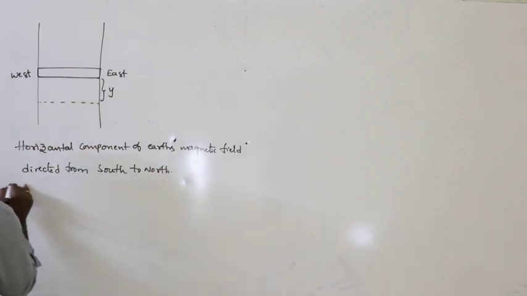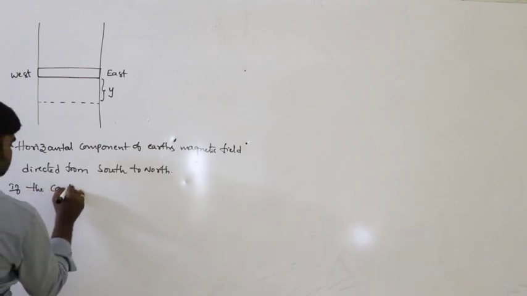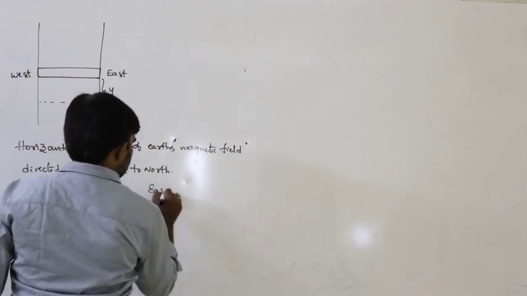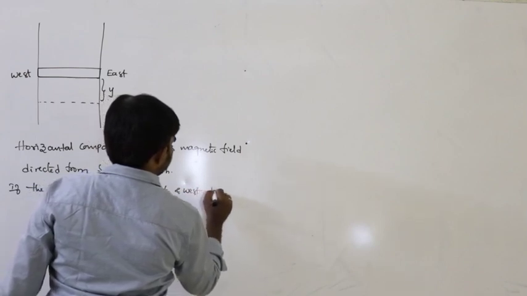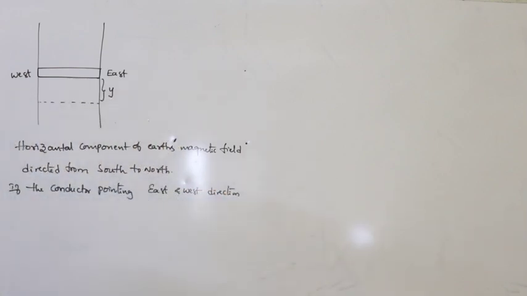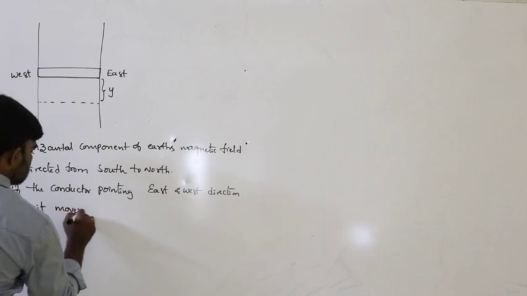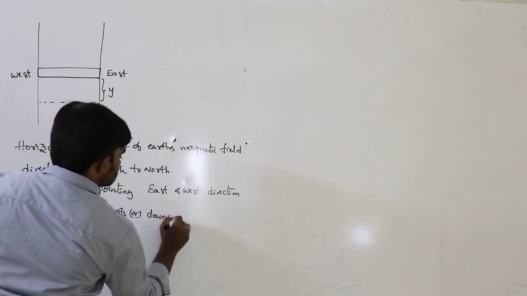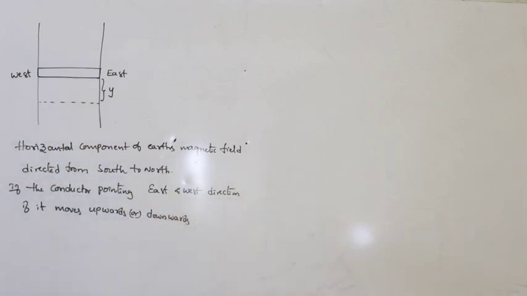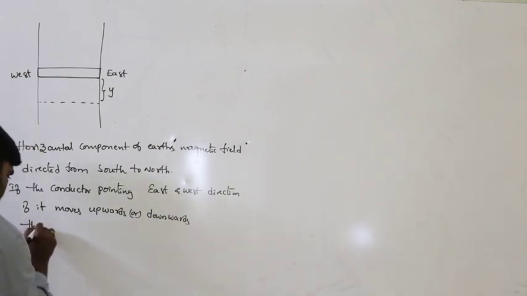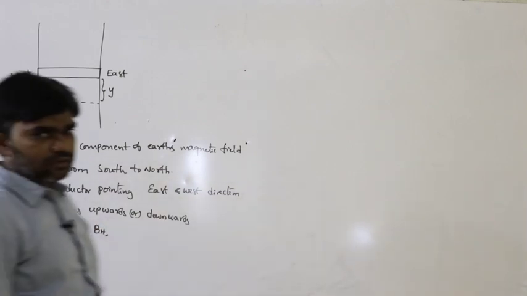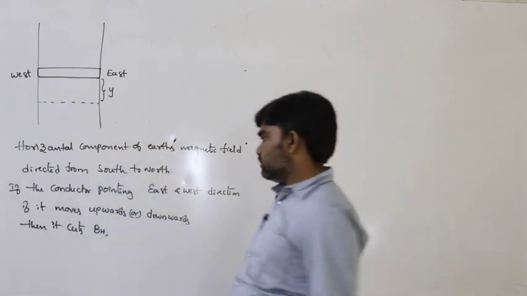In this situation, if the conductor pointing east and west moves upwards or downwards, then it cuts BH, that means the horizontal component of Earth's magnetic field.